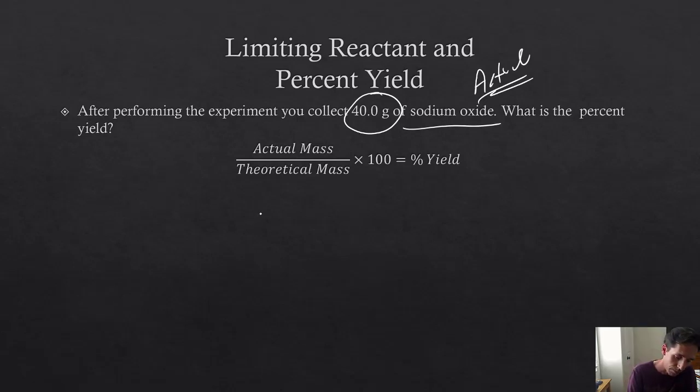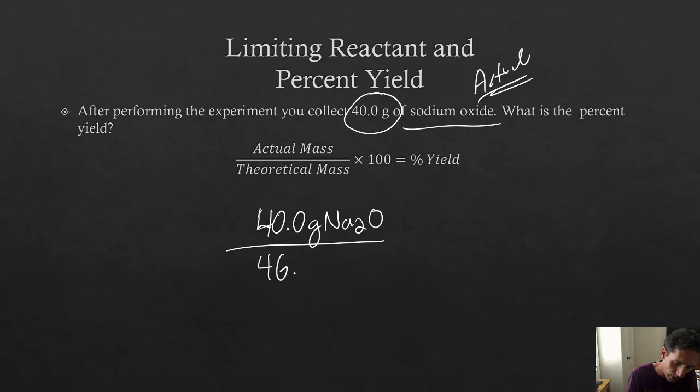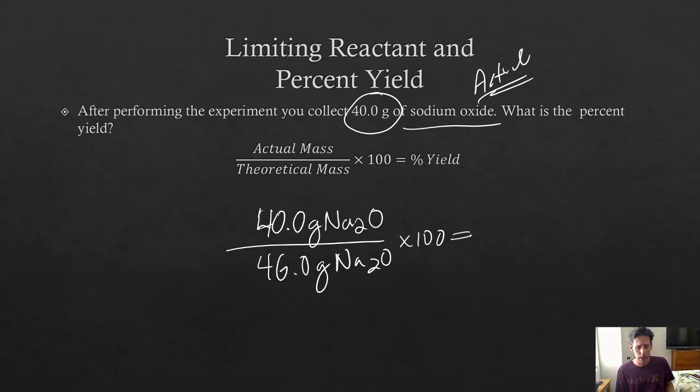So I'm going to take my 40 grams, oh, I'm having a real hard time with this pen today, 40 grams of sodium oxide, which is what I actually got, divided by what theoretically I should get, which is 46 grams of sodium oxide. And then I'm going to multiply that by 100. When I calculate that out, I get a percentage.